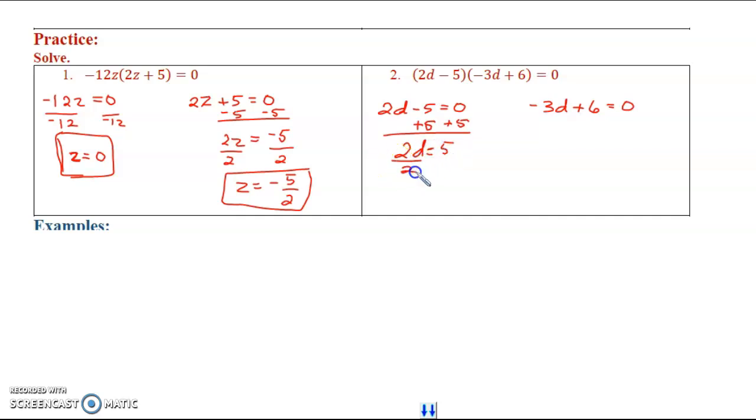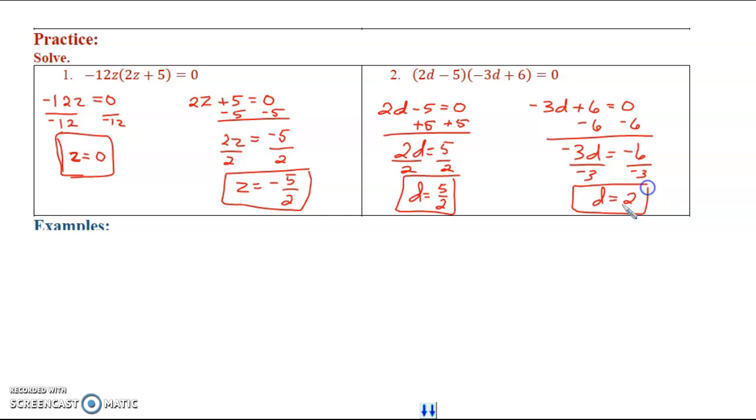Now I'm going to divide by 2. D equals 5/2. Or, if I subtract 6 here, -3d equals -6. Divide by -3. Or d would equal +2.